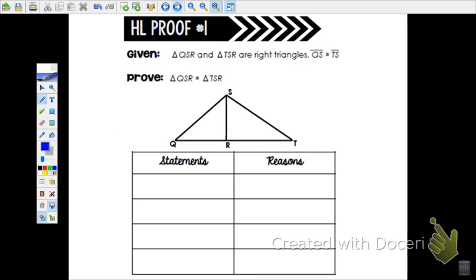To finish out this section, we've got 2 proofs that have not yet been done in your proof book. We had skipped those pages earlier.